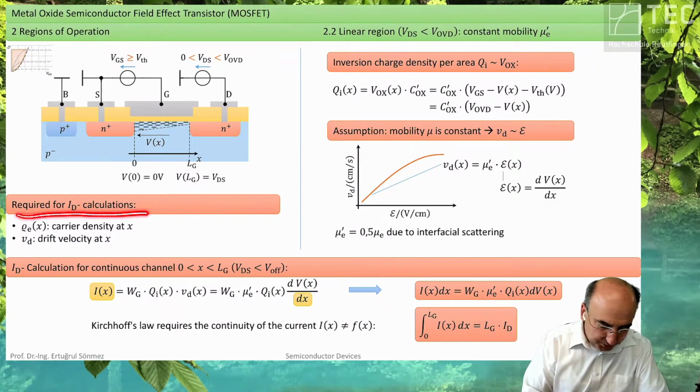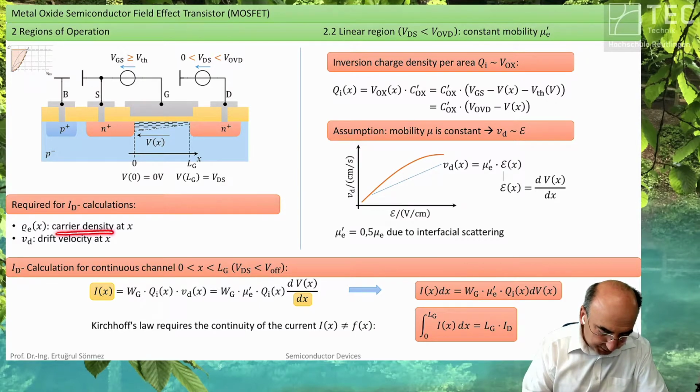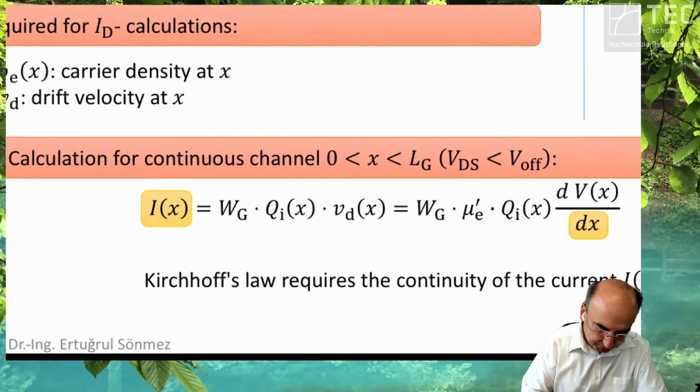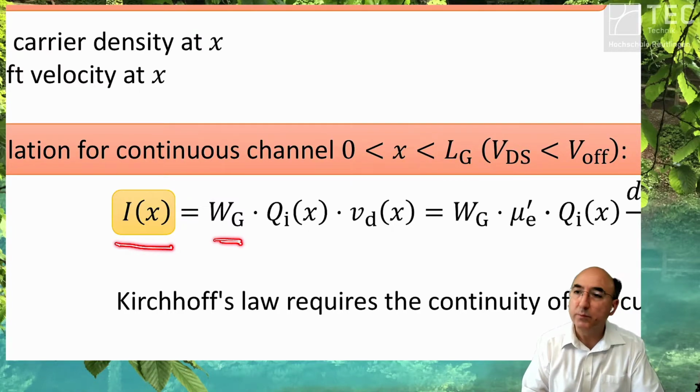We require for the drain current the carrier density, the velocity. And we have to say that the current itself is defined by the width.